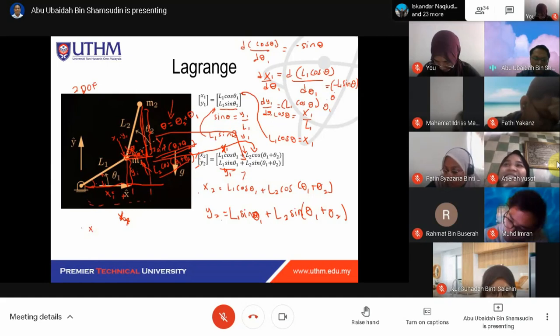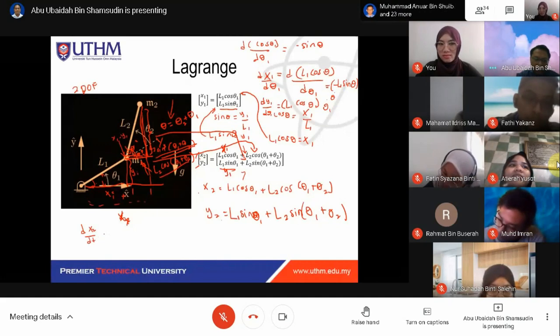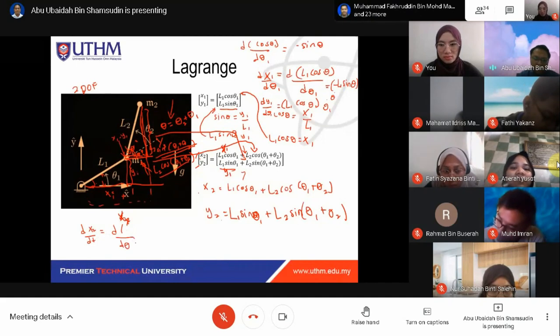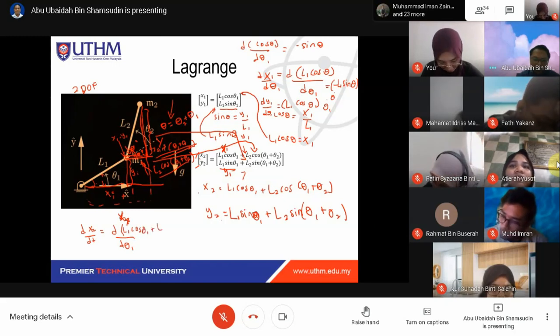So what I want to do is differentiate over dt. So I need to differentiate twice. I need to differentiate d over d theta 1. Because we have 2 thetas, we need to differentiate both. So it is like the Jacobian. Okay, so this is L1 cos theta 1 plus L2 cos (theta 1 plus theta 2).